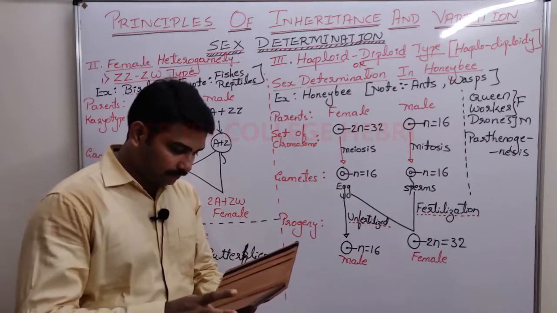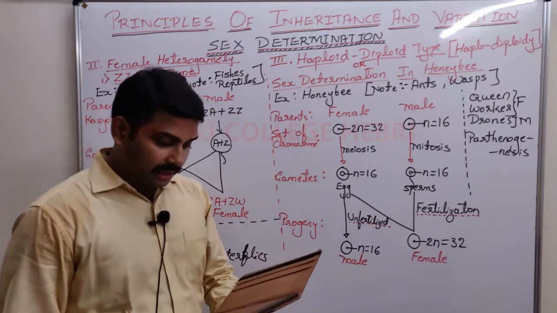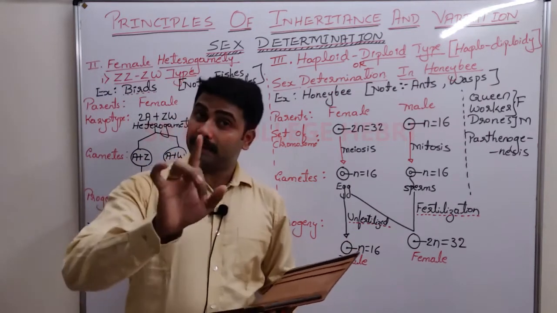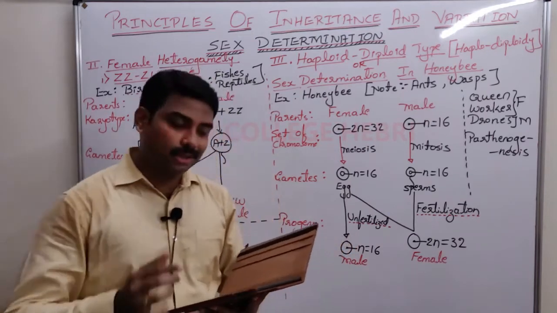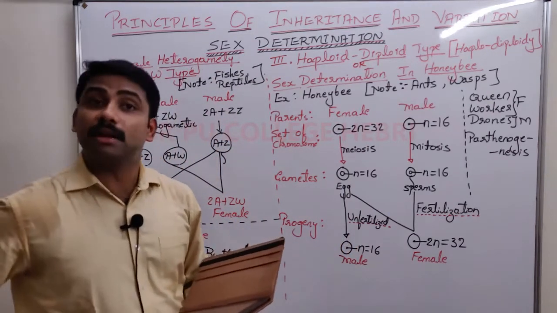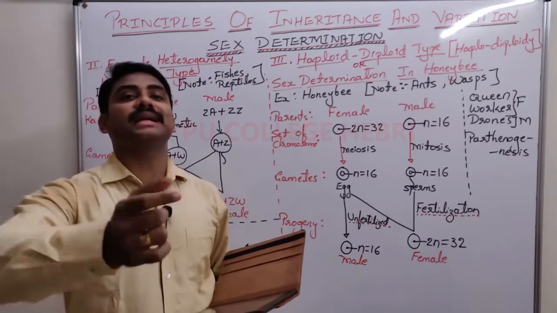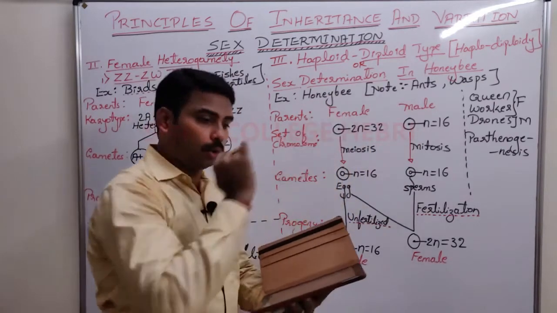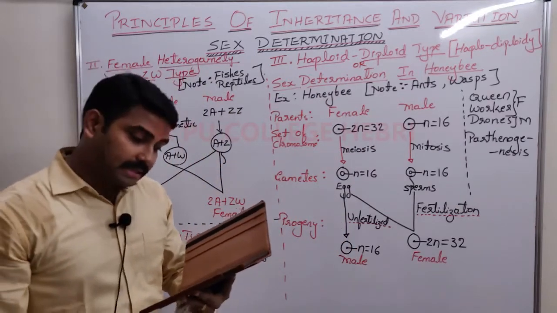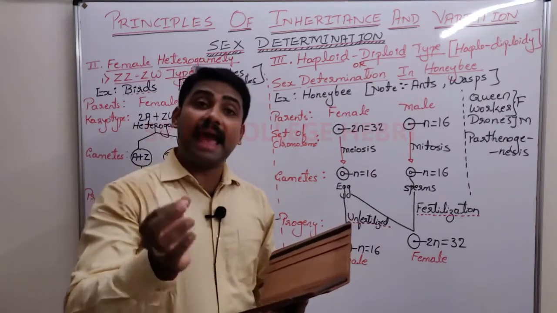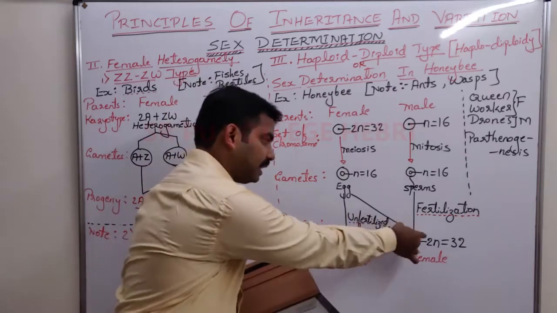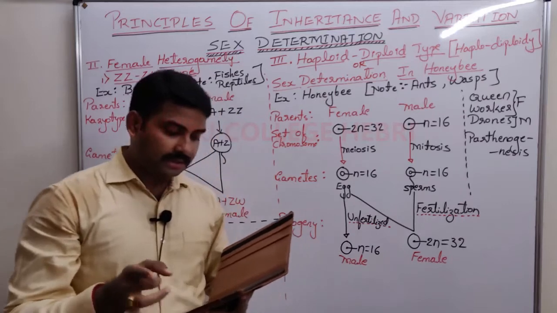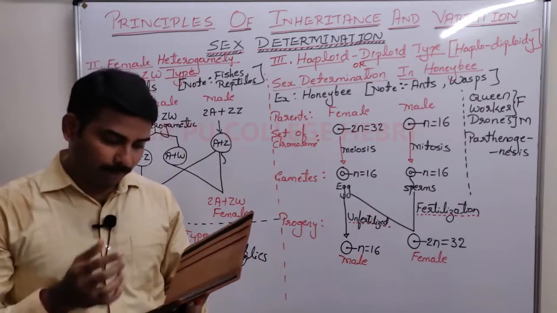I will read out. In this case, sex is determined by the number of sets of chromosomes, whether it is a single set or two sets. The number of sets of chromosomes an individual receives, that is, whether the individual is haploid or diploid.